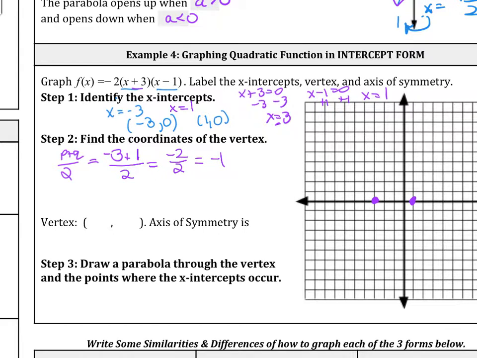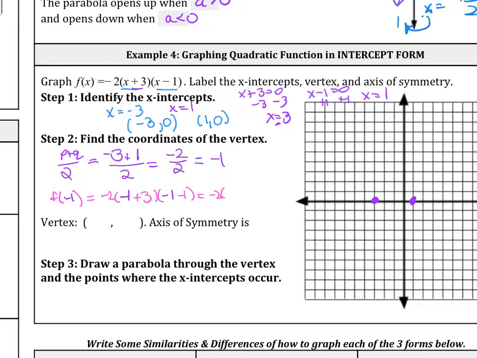Then in order to find our y value, we take this negative 1 and we plug it into the original function, just like we do with standard form. So this is negative 2 times negative 1 plus 3, times negative 1 minus 1. So let's simplify that a little bit.